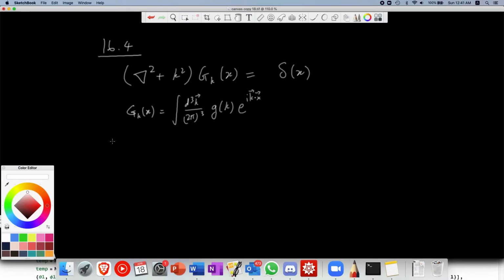Okay, so on the left hand side we have the nabla squared plus k squared acting on G_k, and that gives us the integral of d3q over 2 pi cubed. Then we have g of q, and we have minus q squared plus k squared.